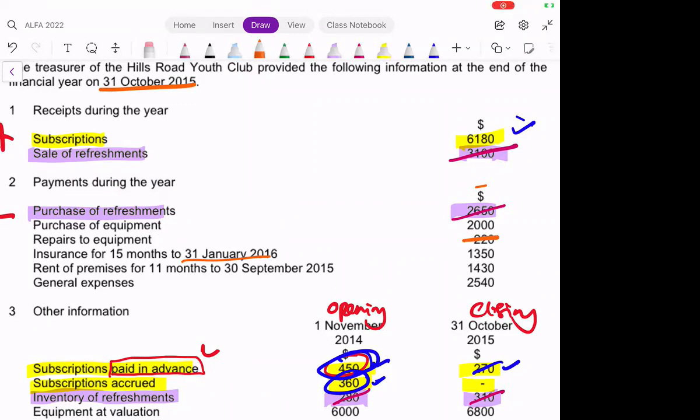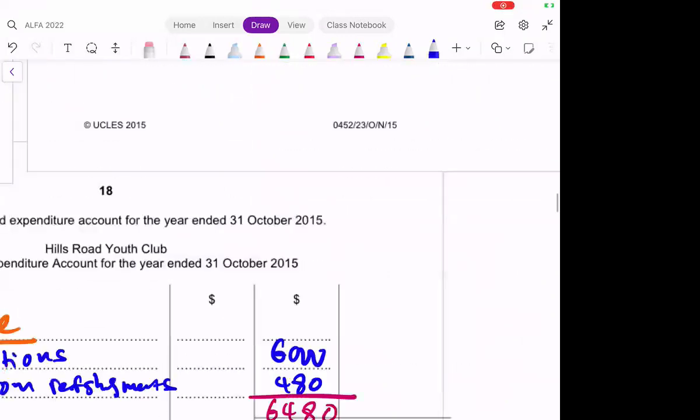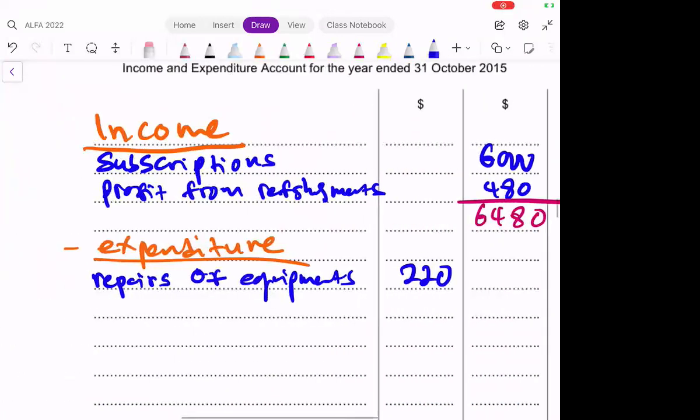15 months, out of the 15 months 3 months is extra. So how to calculate how many months for this year? This year we want only 12 months. So I go here, insurance 1350 times 12 over 15. I get 1080. Very good.